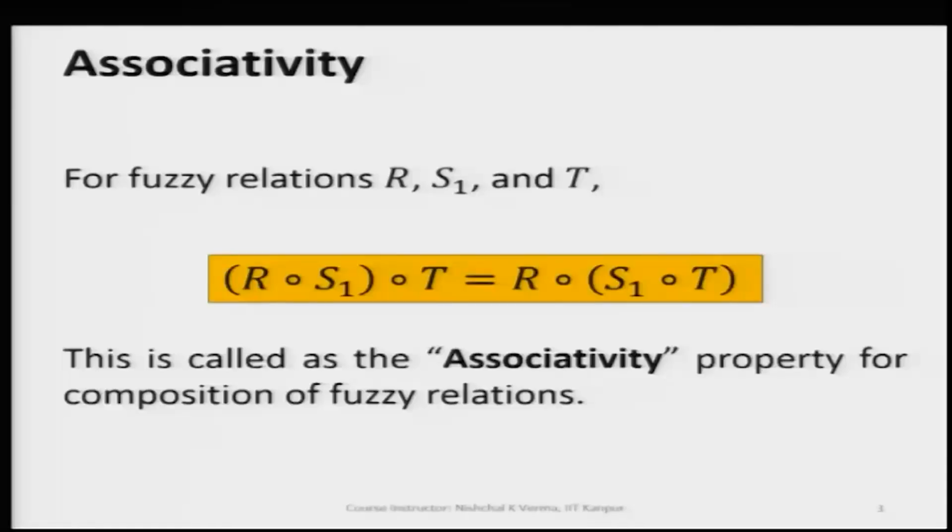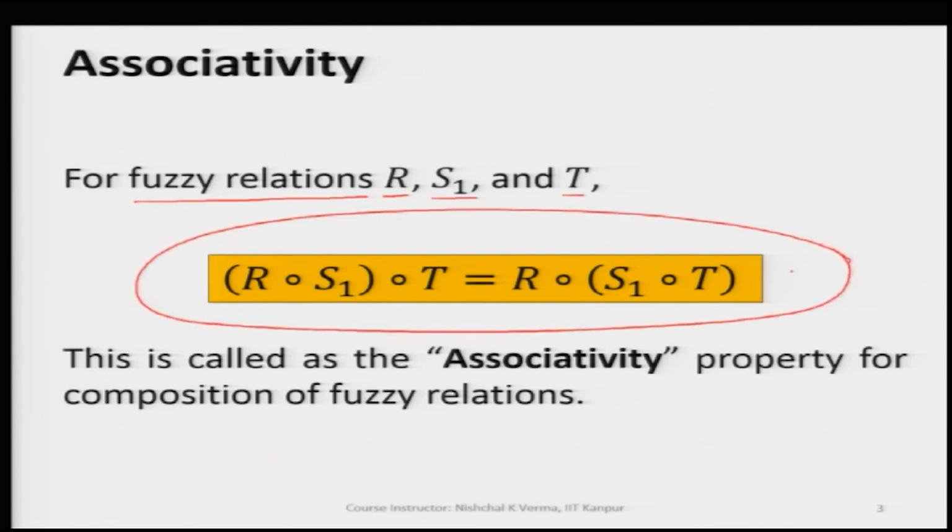So, let us go through these properties one by one. As I have already mentioned, for fuzzy relations R, S1 and T, this associativity relation holds good.